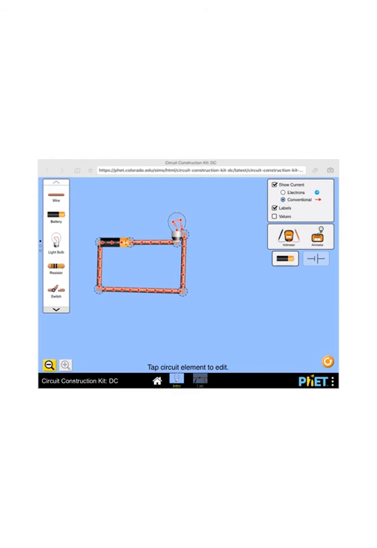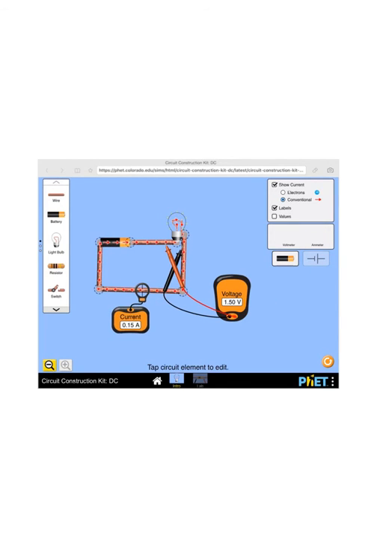So back one more time to the circuit that we compiled a few slides ago. We'd measured the voltage across our light bulb as 1.5 volts. We measured the current in this system as 0.15 amps. And we calculated using Ohm's law that the resistance that this light bulb provides to the electrical circuit is 10 ohms. If I click on this light bulb, sure enough, the resistance located down here at the bottom is 10 ohms.